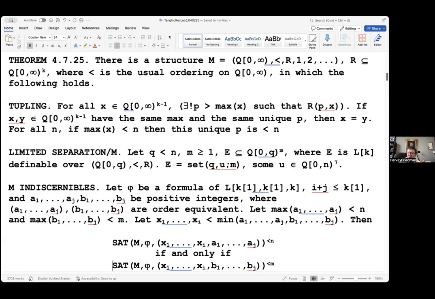If you remember, k is a big number fixed at the beginning of the reversal. And we get a unique p greater than max x such that R of p x. The reason we get that is because we set up our master ordered invariant graph, which at this point is hidden, is in the past, so that this kind of thing happens.